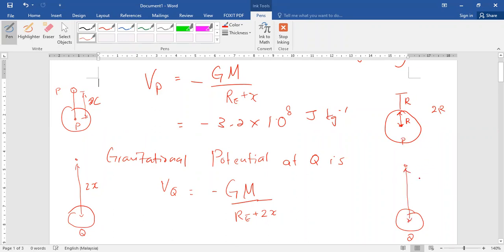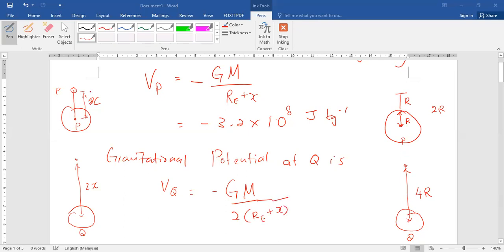This distance is double, 2 times x. So that means it will be 4r. That is easier for us to analyze. So if we use Re plus x, we cannot use Re plus 2x for Q, but it will be 2 times Re plus x, double.